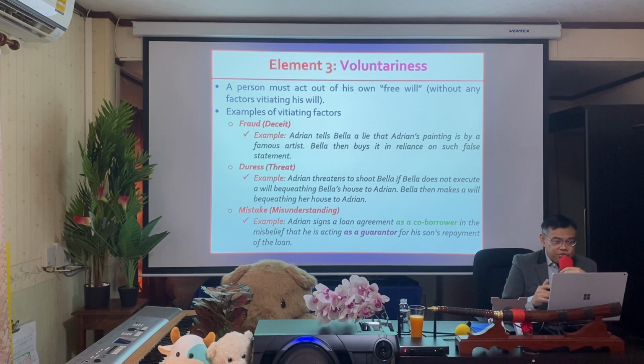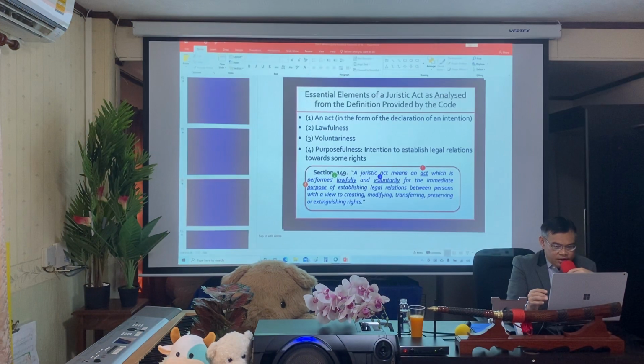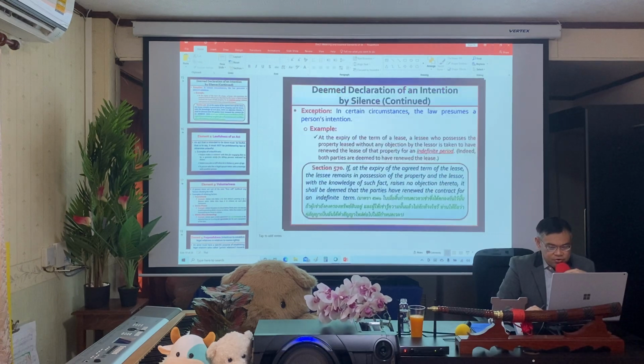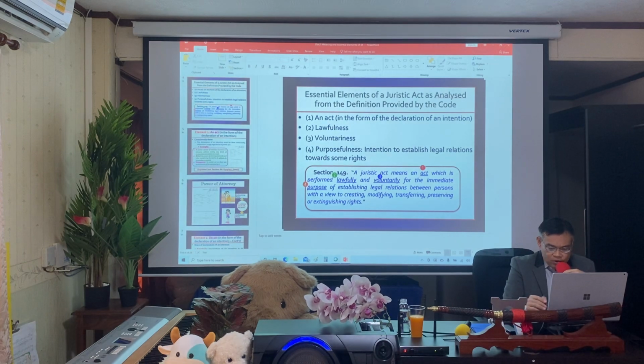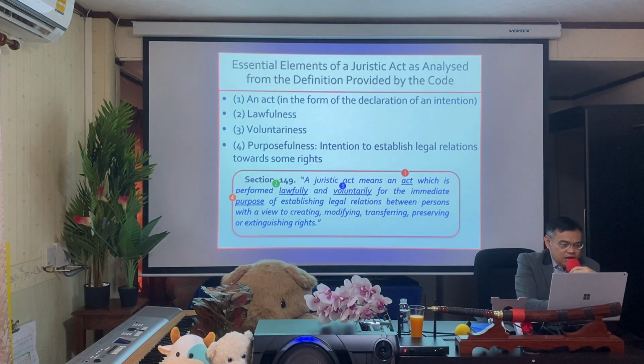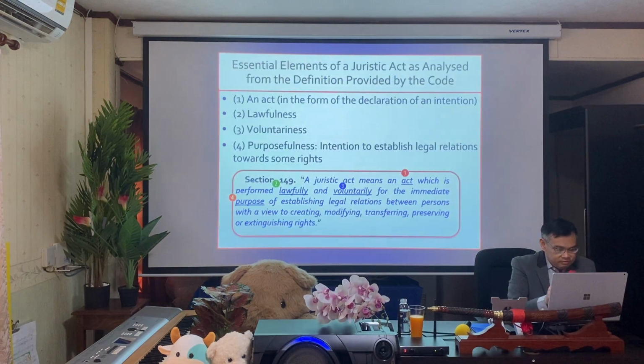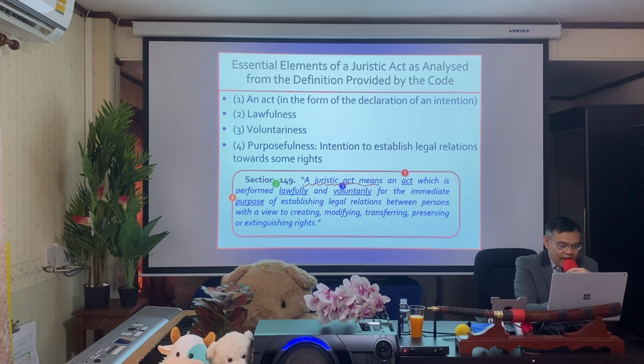Right now we are moving to element number 3. The element number 3 is voluntariness. Again, if we go back to look at what is said in section 149, it says a juristic act means an act which is performed lawfully and voluntarily.